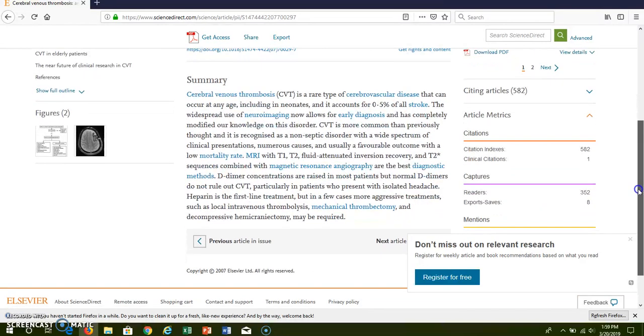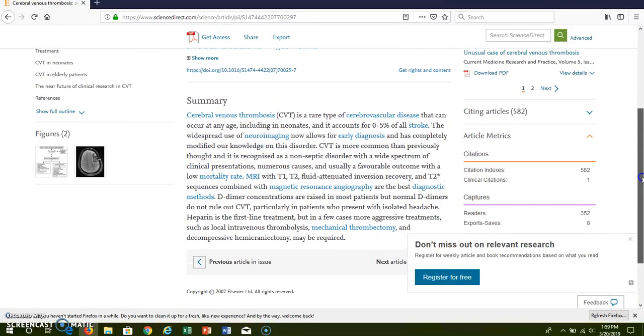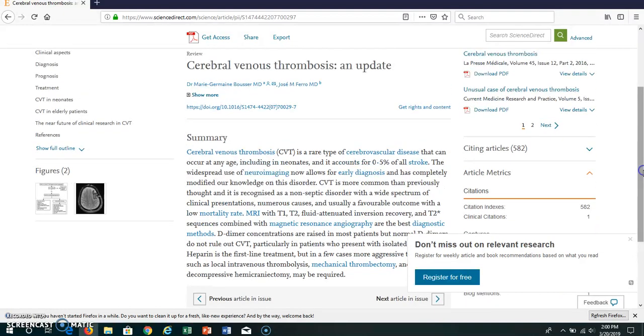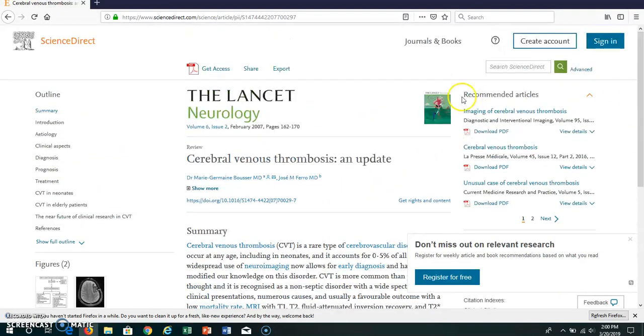And this paper seems valuable because the most important thing is that it explains what the cerebral venous thrombosis is, and then it just basically gives treatments and more about its causes. So this is a good article for my paper. So I can keep this paper.